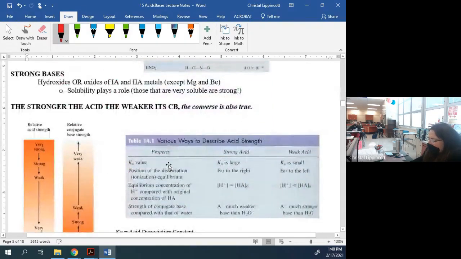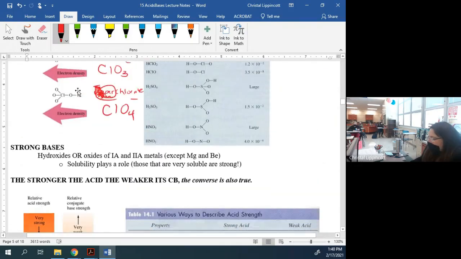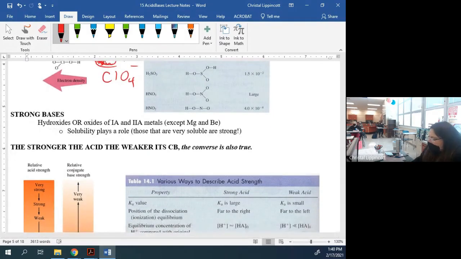All right. So we also have strong bases. To memorize those, you just look at your periodic table. It starts at lithium, sodium, and potassium. Then we kick over to calcium, strontium, barium.